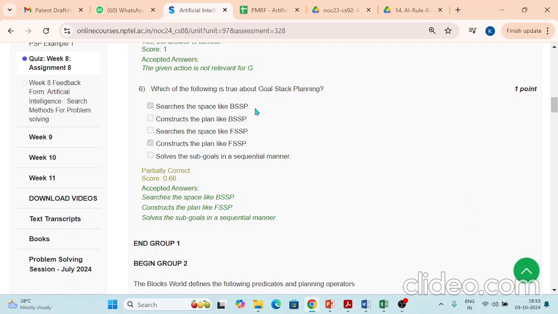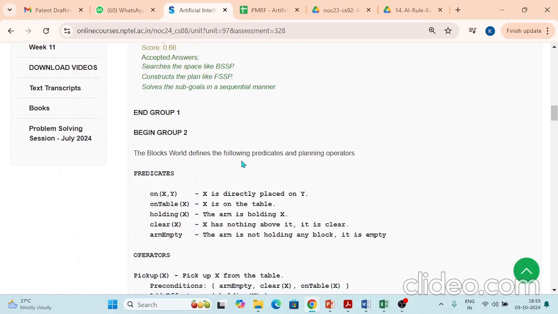We'll see an example for goal stack planning. It searches the space backward and constructs the plan forward. Forward means we start from the starting state and go on adding the actions. So the tree will be high, like your normal BFS manner, breadth first search manner.